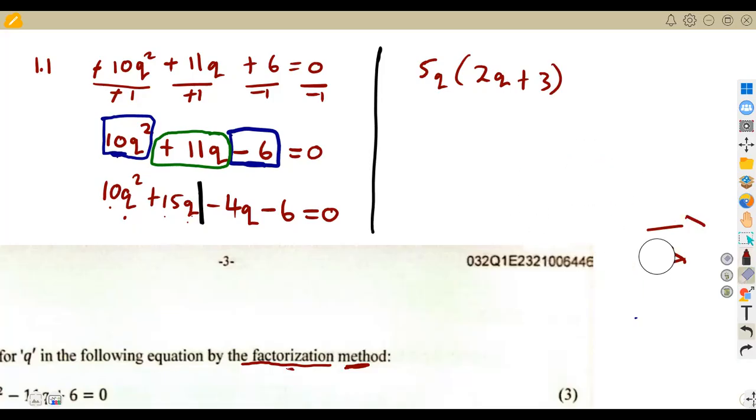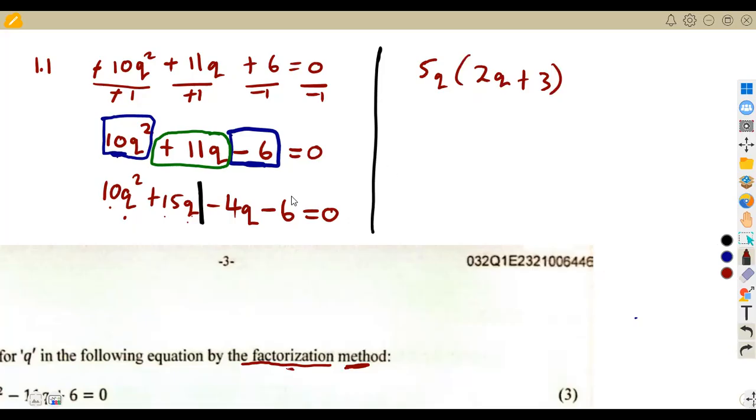So remember that I said whatever you obtain in this bracket here becomes like the control of your factorization. What am I trying to say? If I'm saying it becomes the control, it means the second bracket is or must be the same as this bracket that we see here.